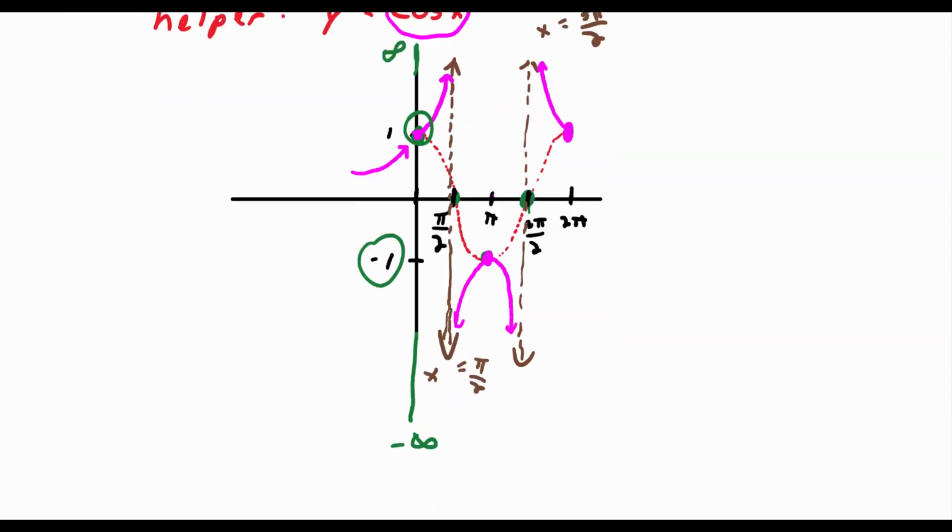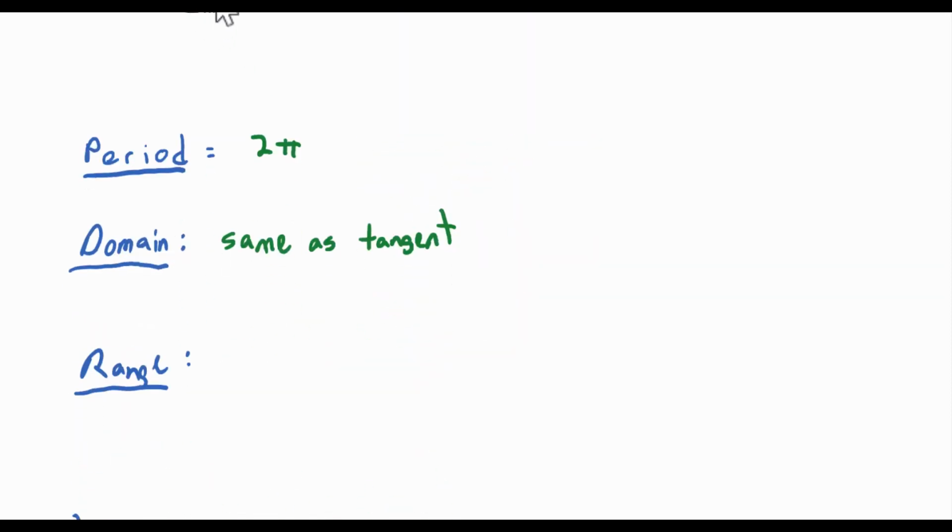So we could combine those two intervals together and say that the range in interval notation is negative infinity to negative 1. Does it include negative 1? Yes, it does. Then union, what would be the other one? 1 to infinity. Yep. So that's a nice way to write it.